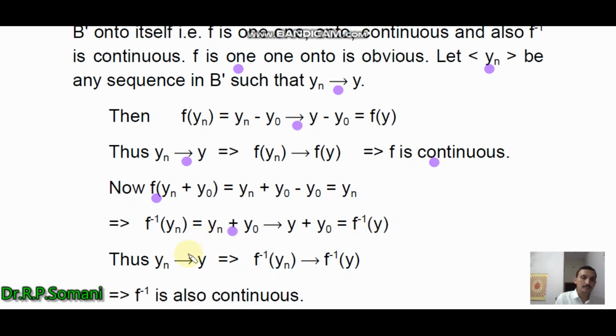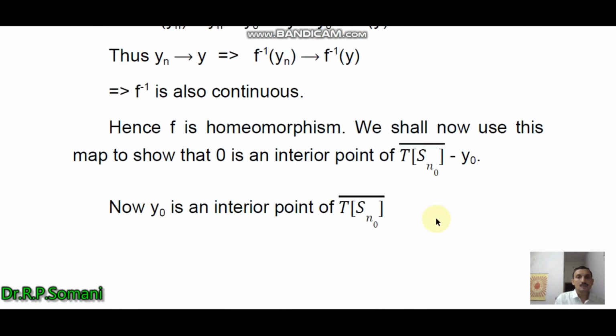So as y_n tends to y, f inverse of y_n tends to f inverse of y. Therefore f inverse is also continuous. Hence f is a homeomorphism, and we shall now use this map to show that 0 is an interior point of the closure of TS_n0 minus y0.